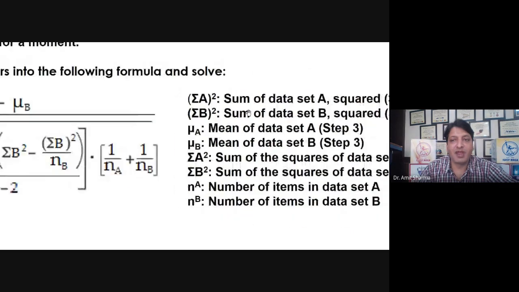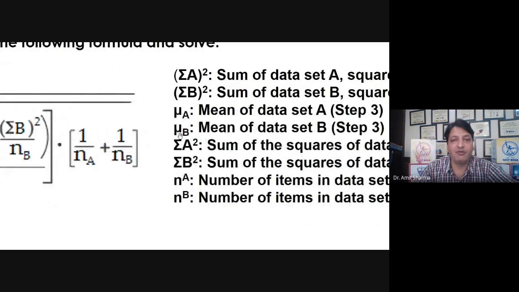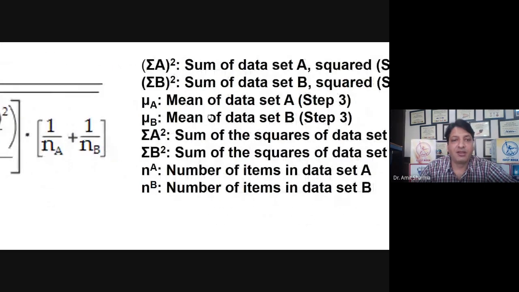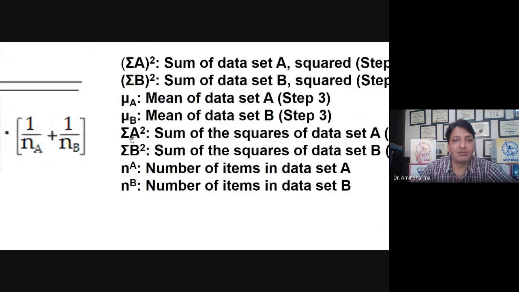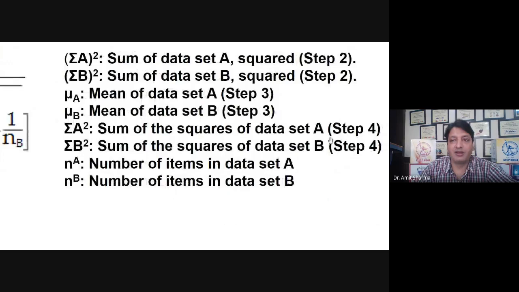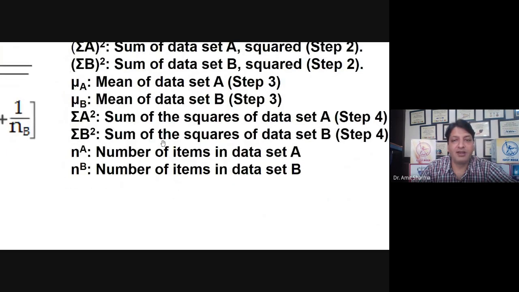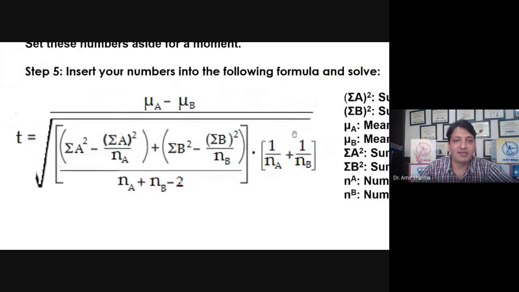The mean which we have calculated in step 3 will be represented as mean of A and mean of B, and the things which we have calculated in step 4, that is the sum of squares of data sets A and B, will be represented as sum of A square and sum of B square, and we can take that from step 4. And we know from the beginning that in each group we have 10 numbers. So the explanation of the formula will be represented like this, and I will add all the values in this formula.